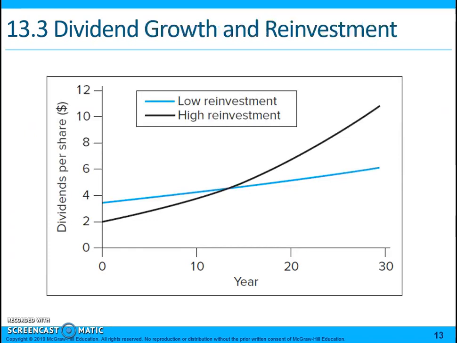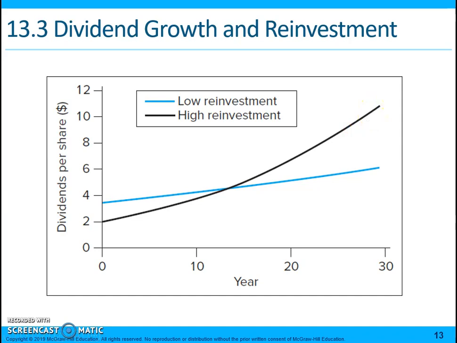A couple of examples here. We've got two stocks, one with low reinvestment and the other with high reinvestment. All else equal, if we have low reinvestment, the growth rate of dividends per share is going to be slower. If we have higher reinvestment over time, dividends per share are going to grow at a faster rate.